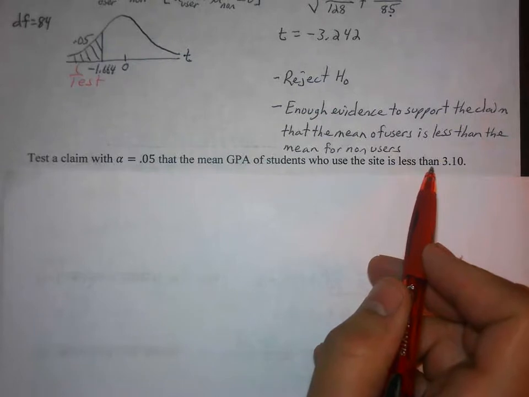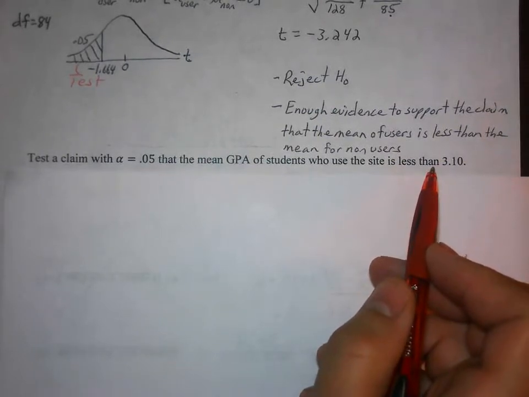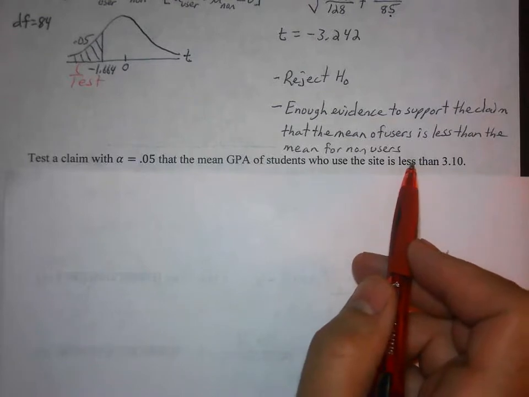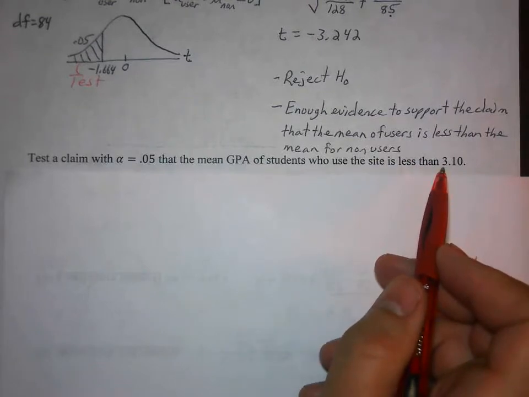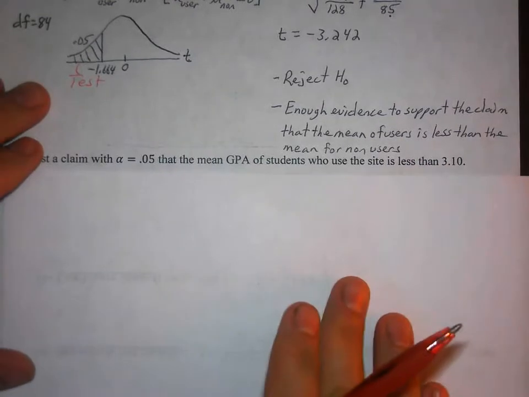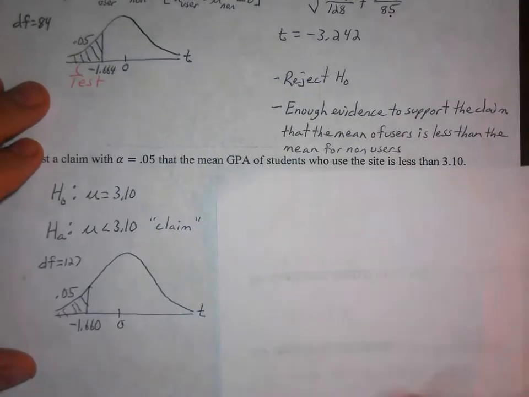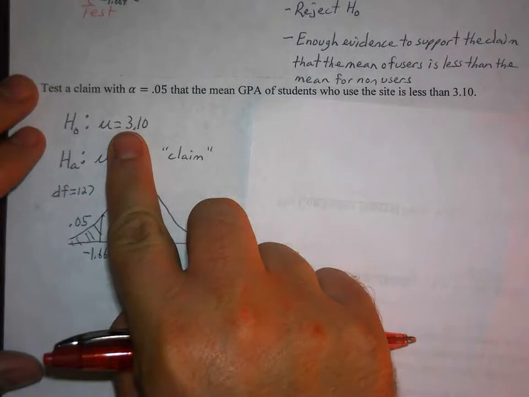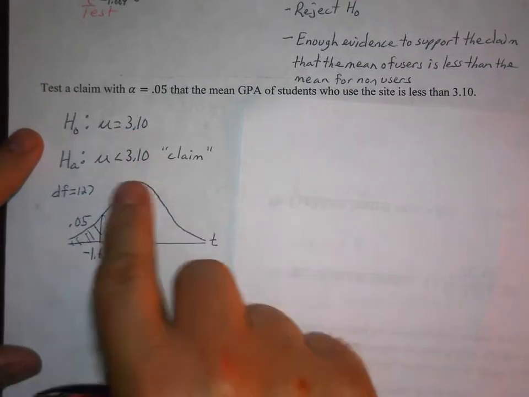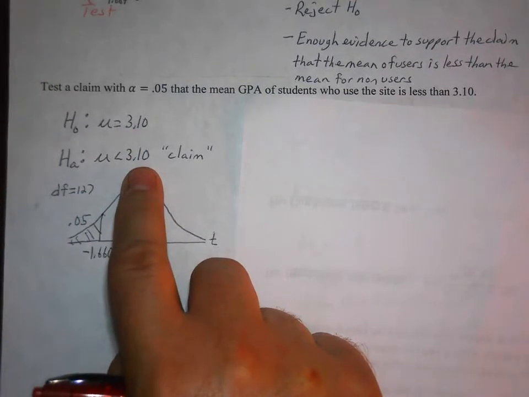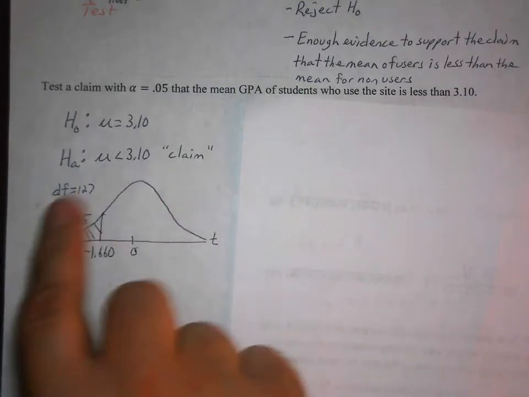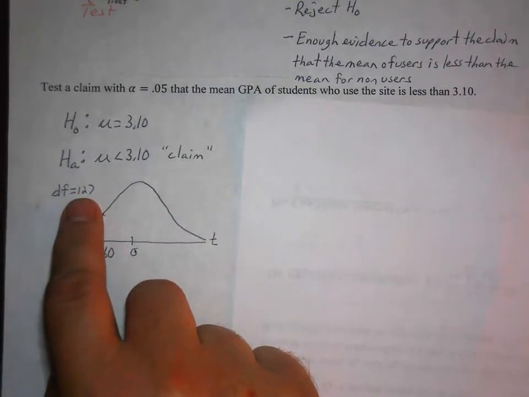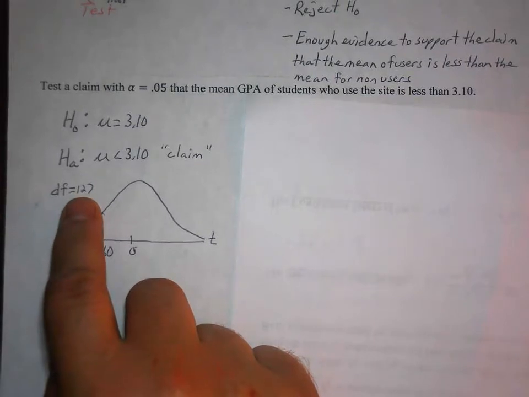So this goes back to previous content where you were just comparing the mean of the users being less than 3.1. Okay, so in your hypotheses here, now you're back to the old ones. The mean equals 3.1 is your null. The mean less than 3.1 is the alternative. Now we have 127 degrees of freedom because now we're only looking at the users.